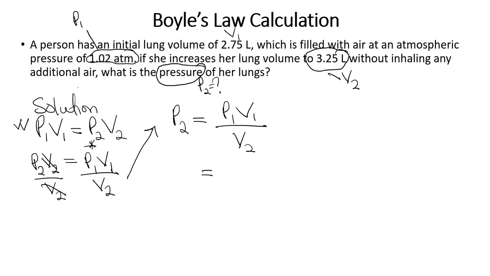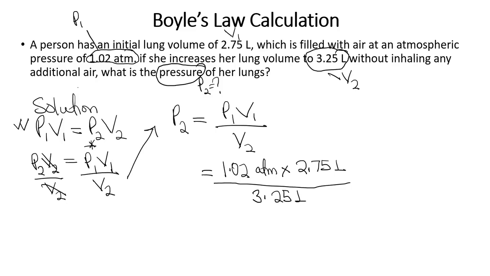So the P1 is 1.02 atmospheres. The V1 is 2.75 liters, divided by the V2, which is 3.25 liters.